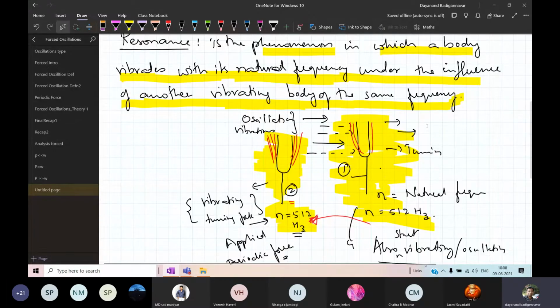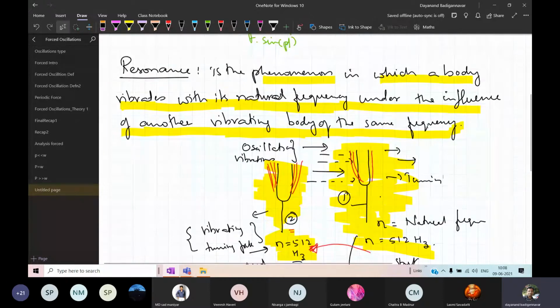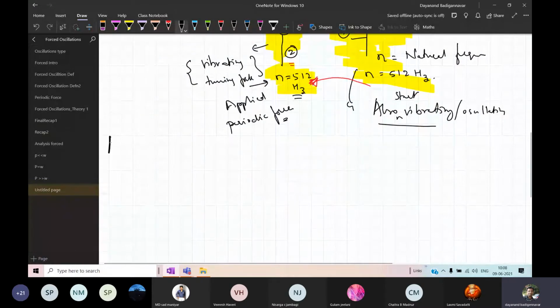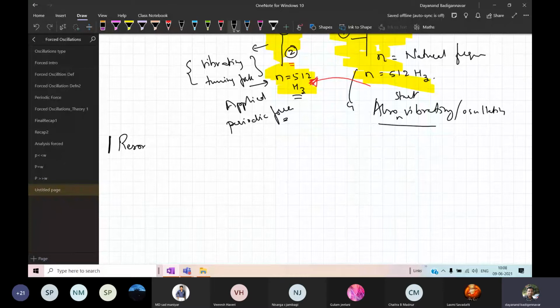You can write one more definition of resonance here. You have already learned resonance at your PUC level. What is resonance?